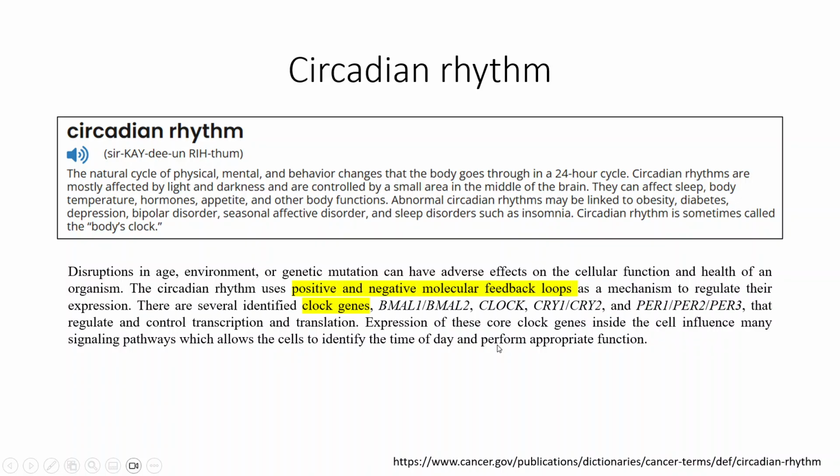And expression of these is very important to identify because, aside from your rod cells in your eyes essentially telling about dark or light, there's no other real way for the body to identify time of day and perform a program function. So actually, there are these negative and positive molecular feedback loops that allow for this to occur. Great.